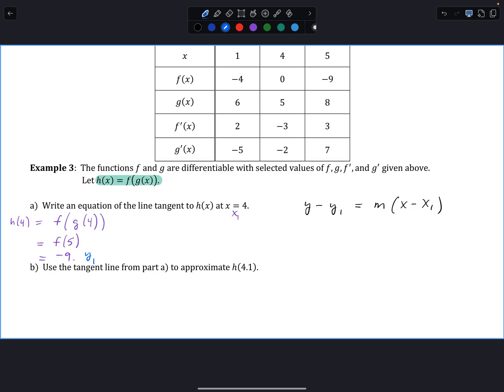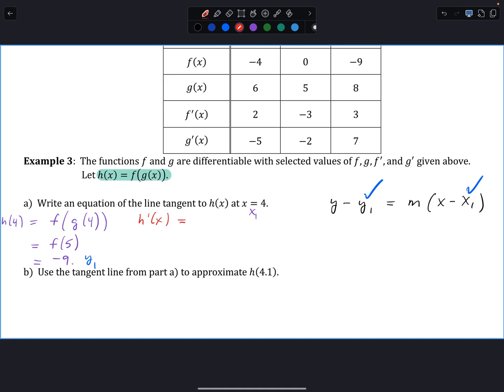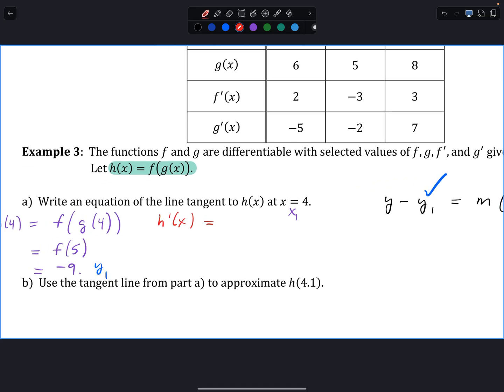So we know x1, we know y1. We need to find the slope. So to find the slope, what do I need to do to my function? Take the derivative. Now, this is a composition, right? We have an inside function, outside function, which means which rule do we have to use? Chain rule. Good. So h prime of x is equal to the derivative of the outside at the inside.